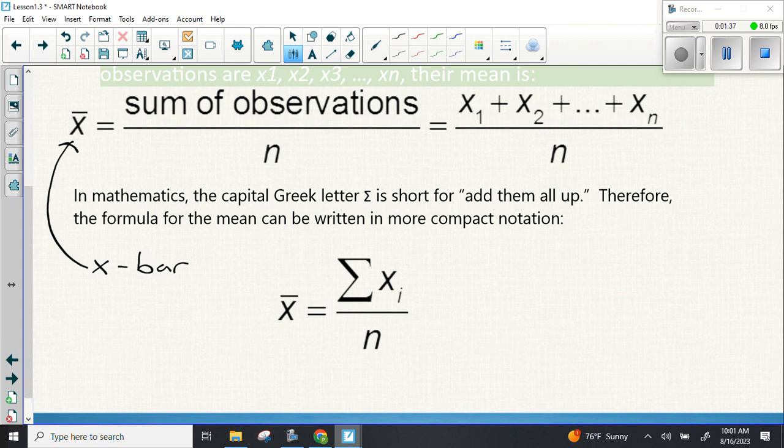Actually, everybody calls it that. That's X bar, and it represents the mean of a sample. The equation is pretty simple: it's the sum of all your values divided by the number of values.